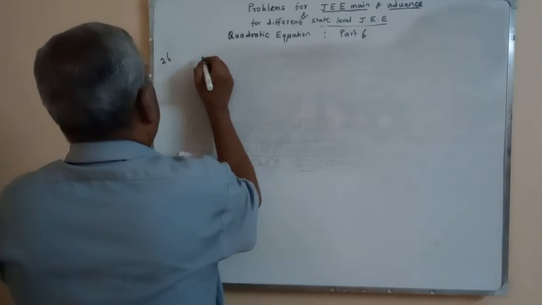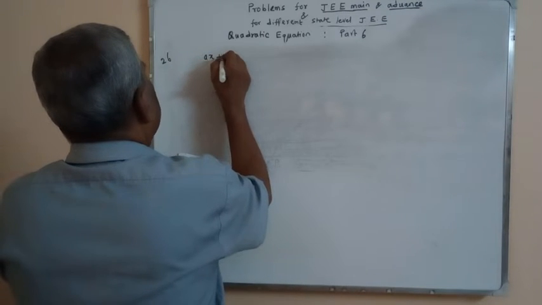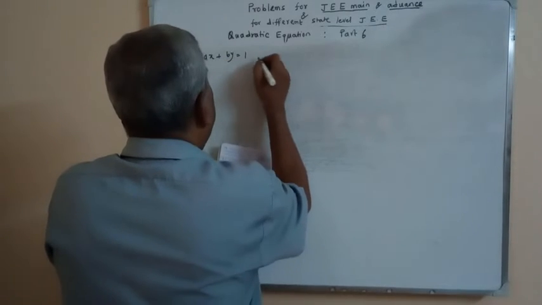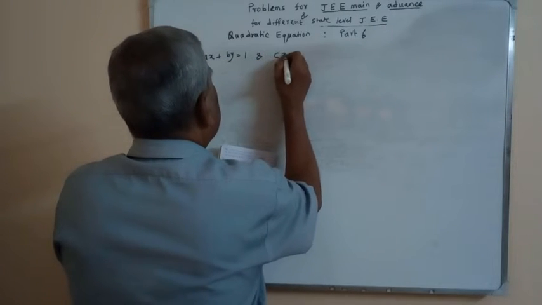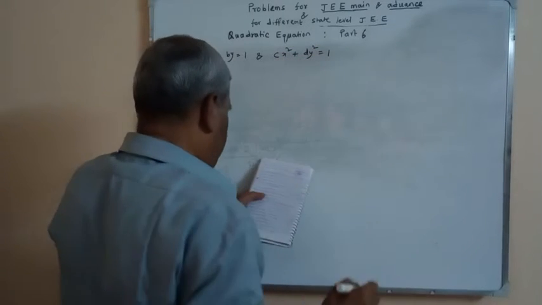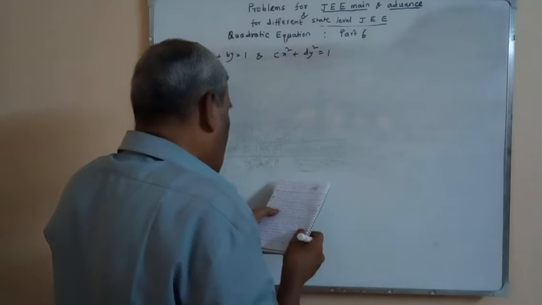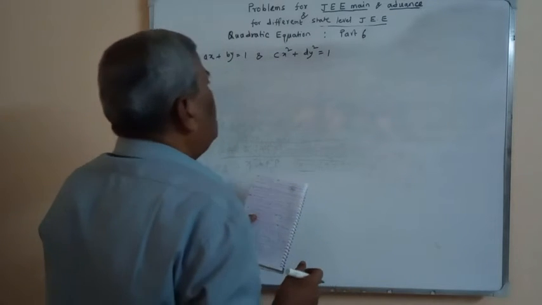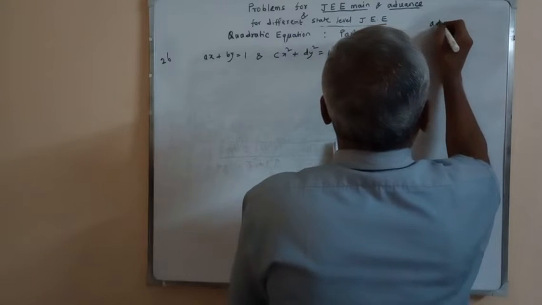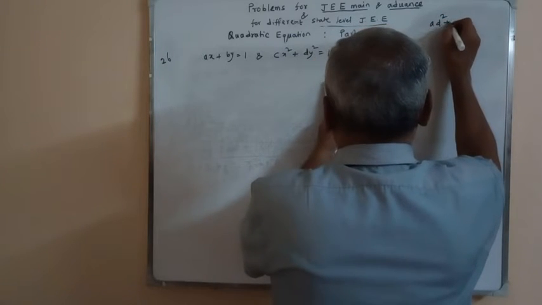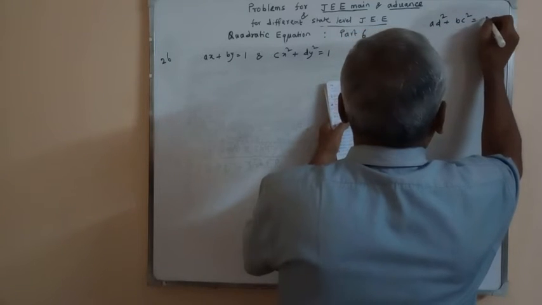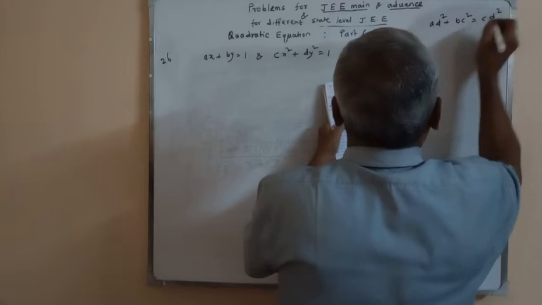The problem is: if ax plus by is equal to 1 and cx square plus dy square is equal to 1 have only one set of solution, then which is true? Number 1, ad square plus bc square is equal to cd square.